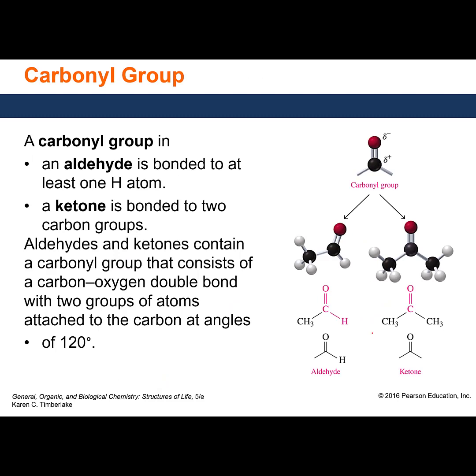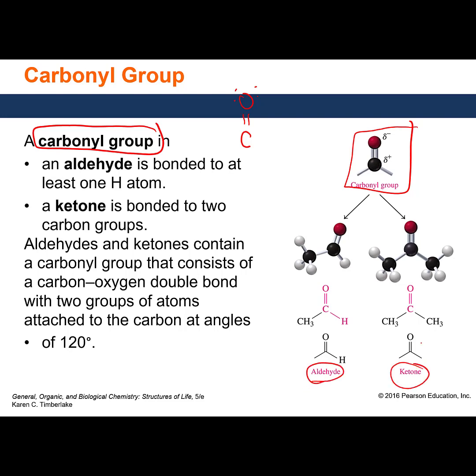So aldehydes and ketones are both grouped into what's called a carbonyl category. A carbonyl group basically means that we've got a carbon somewhere in our backbone chain that has a double bond to an oxygen. And here we can see how our carbon double bond oxygen carbonyl group can be classified either as an aldehyde on the left or a ketone on the right.